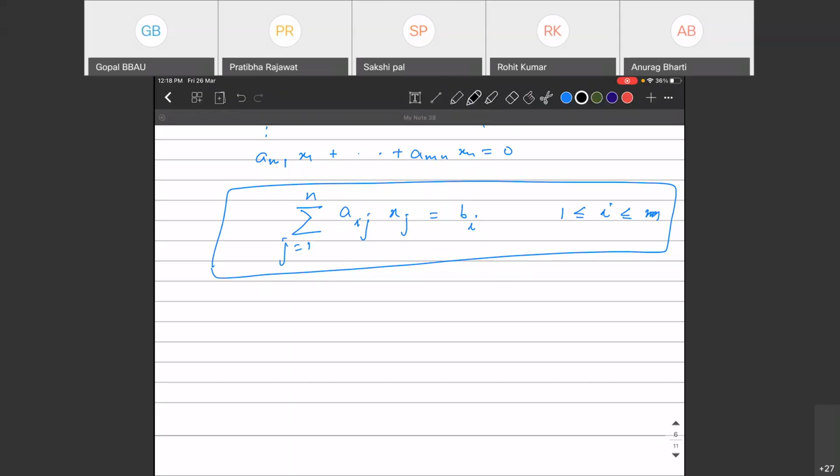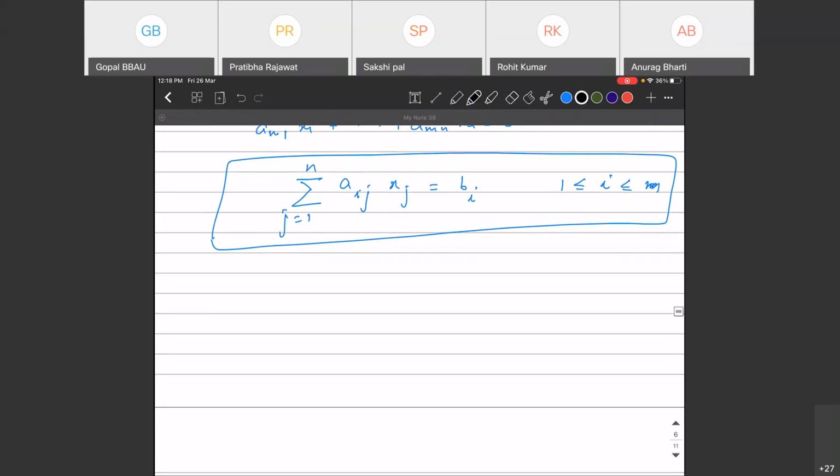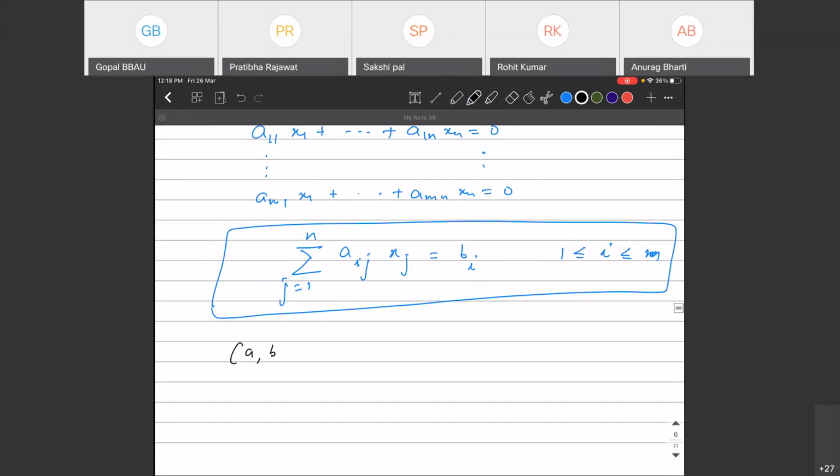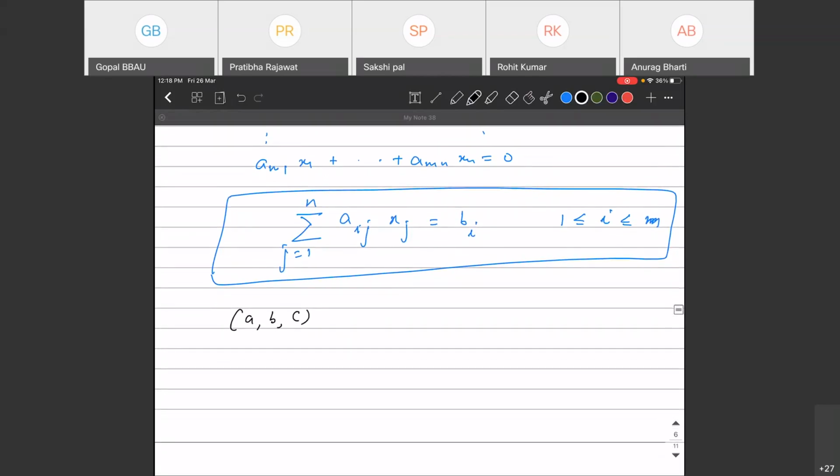Say we are in R3 and we have a system of homogeneous equations like this, and assume that (a, b, c) is a non-trivial solution.